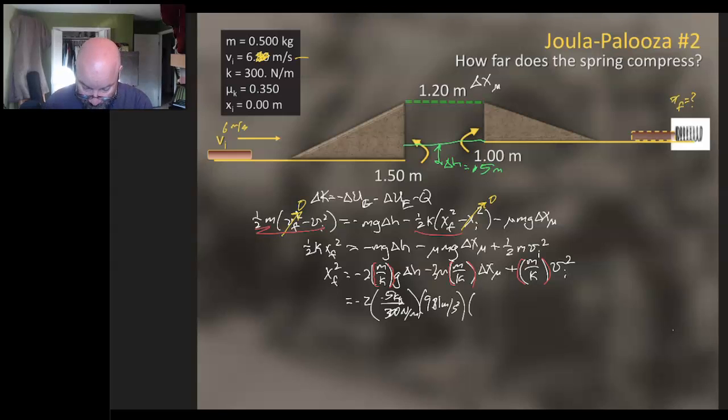And my delta H is, I've gone up a half, so it's plus 0.5, and then minus 2 times 0.35. There's that weird term again, 0.5 kilograms over 300 newtons per meter. And we've got a delta x mu, which is 1.2 meters.